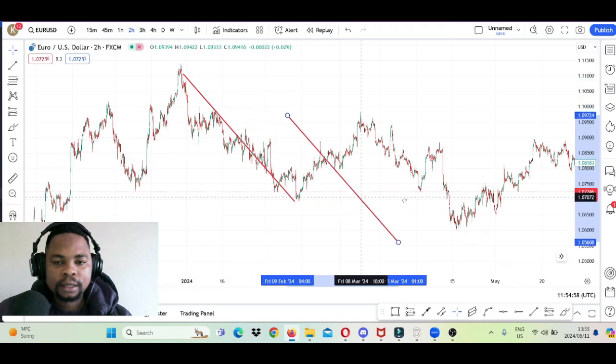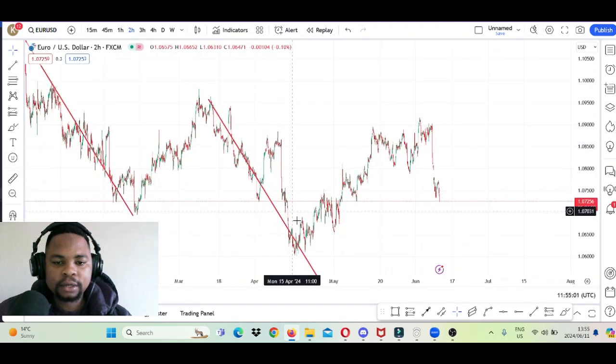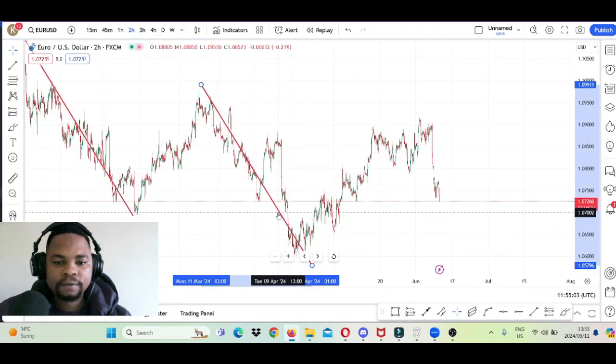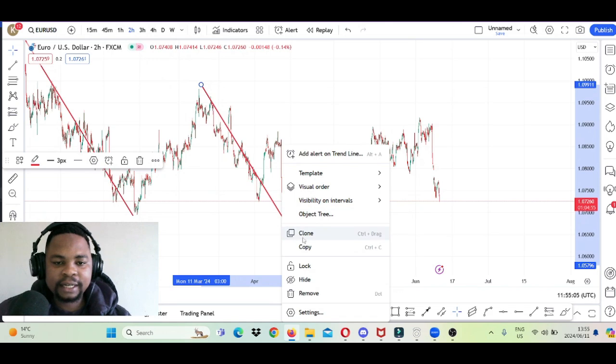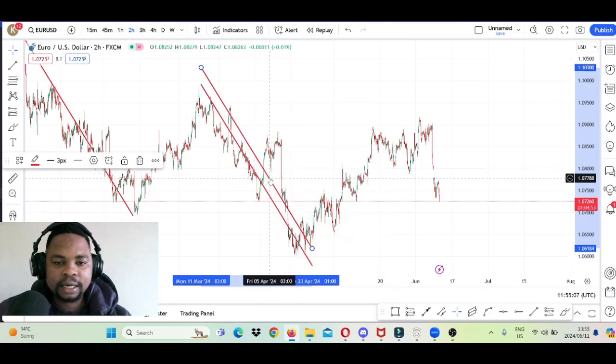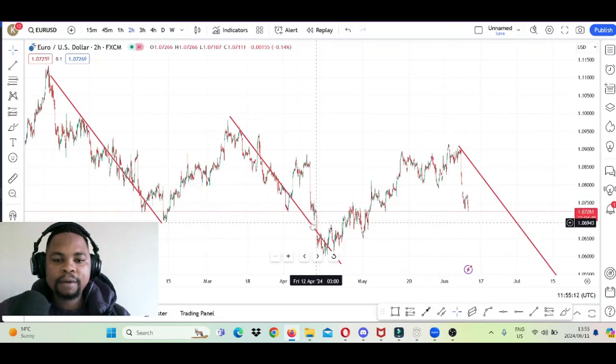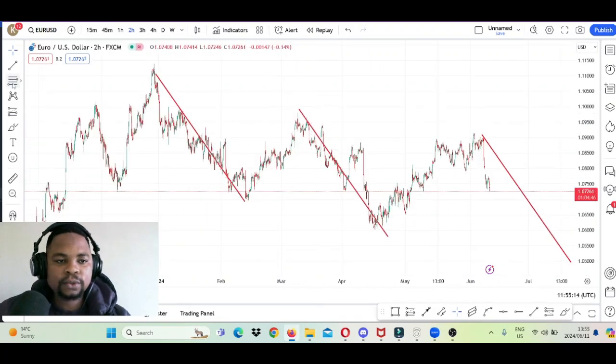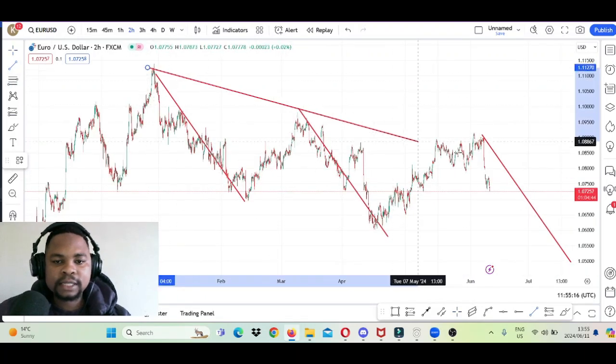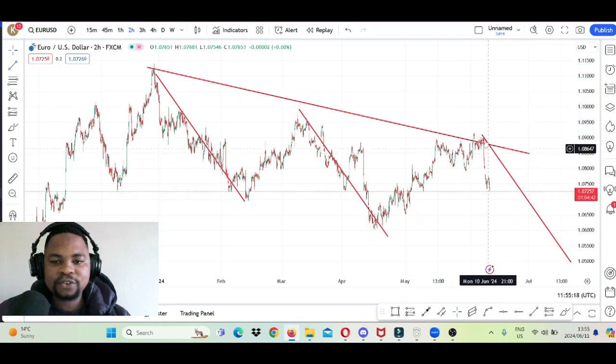The corrections, I mark it, I clone it. Definitely there are these movements. I mark it, I clone it, I copy it. So I'll probably be looking for this to sell for that long. As you can see, I now have this beautiful trend over there.